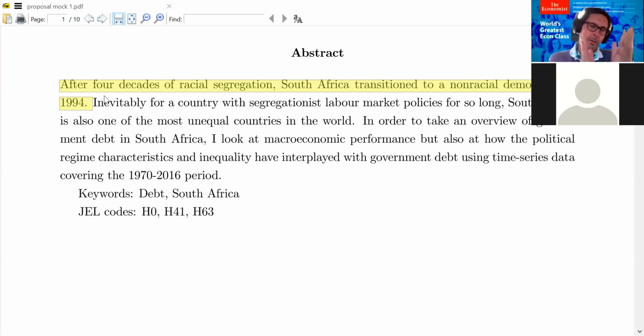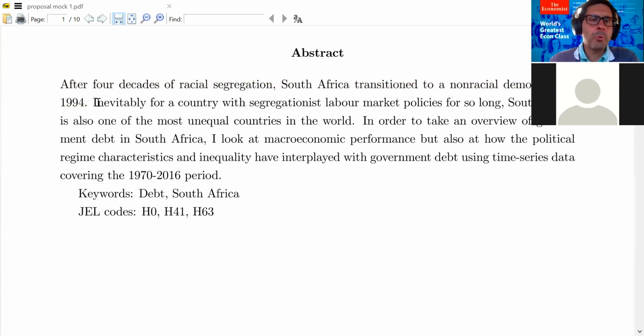There are lots of things which were different before 1994 and which changed in 1994, lots of things which haven't changed yet, but a lot of things changed. So that is just a little bit of motivation, and recall, this is just a proposal. You don't know your results yet. You are proposing to study a particular subject.